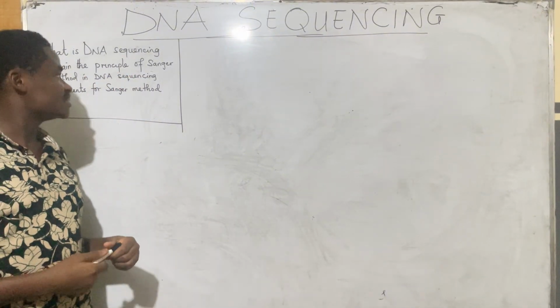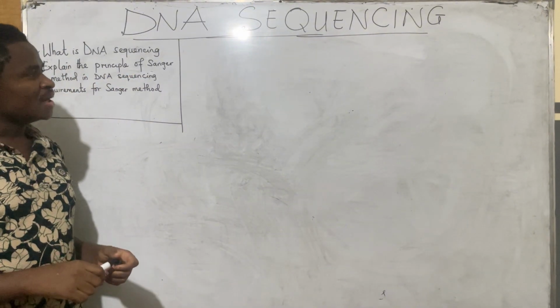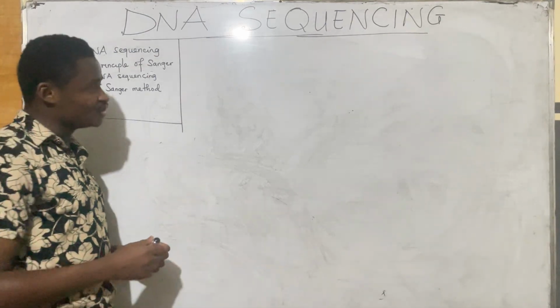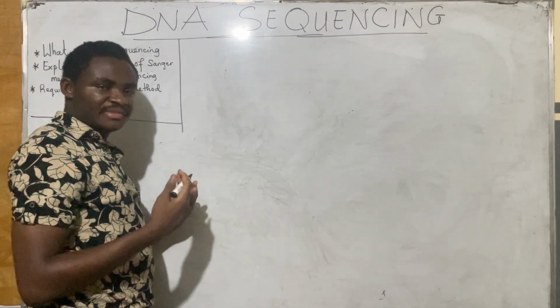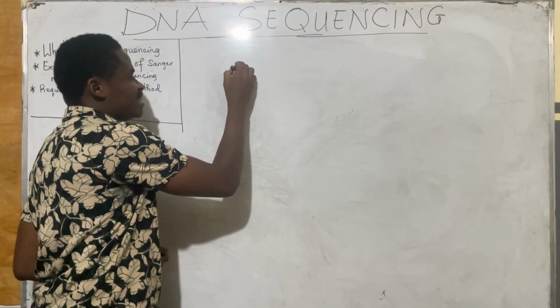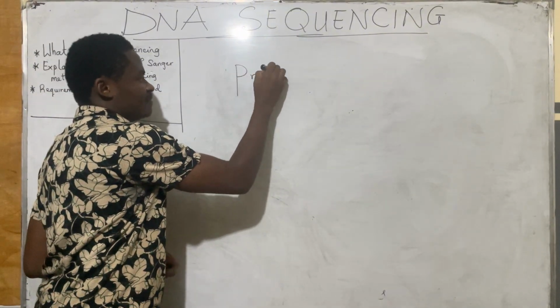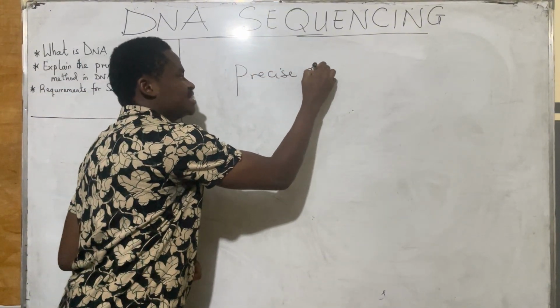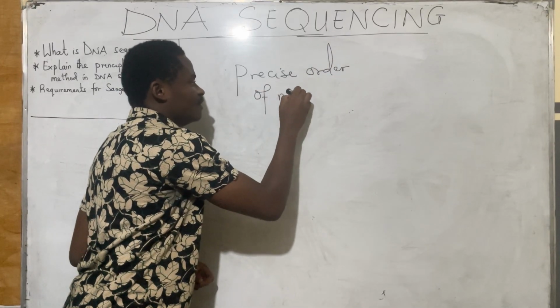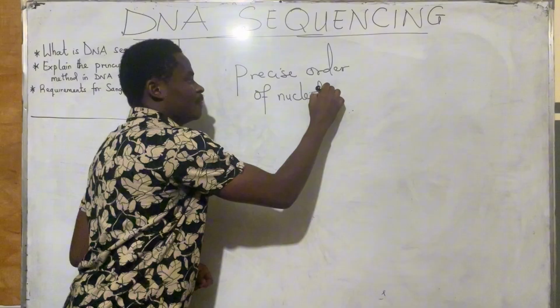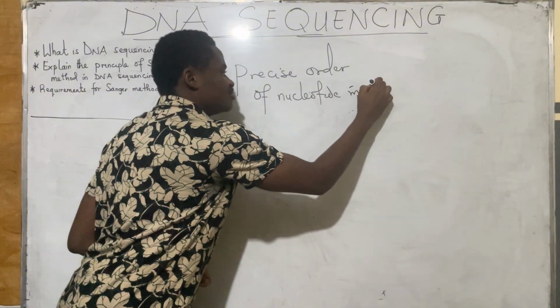Now, what is DNA sequencing? DNA sequencing is the method used to determine the precise order of nucleotides in a DNA strand.